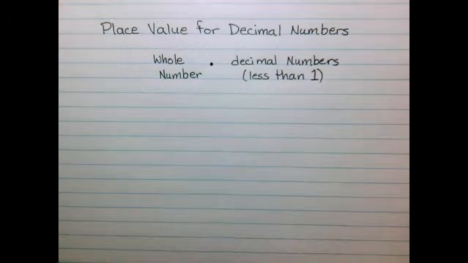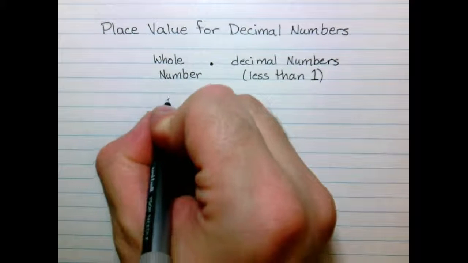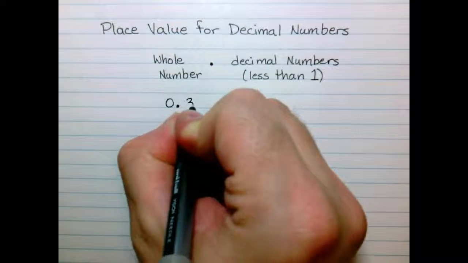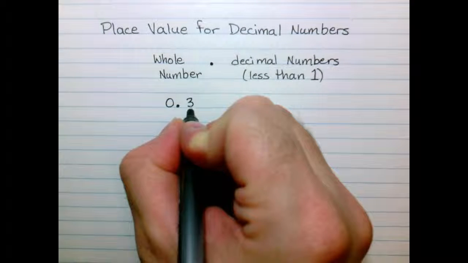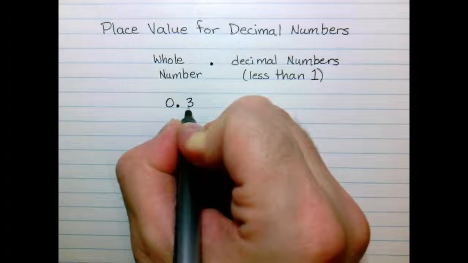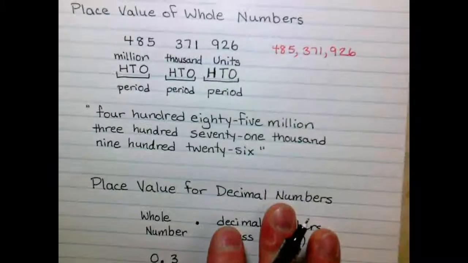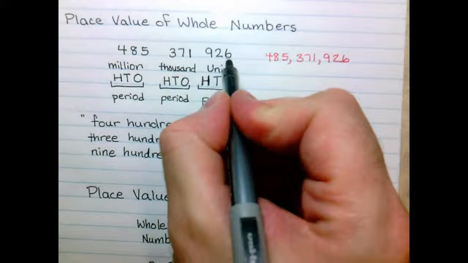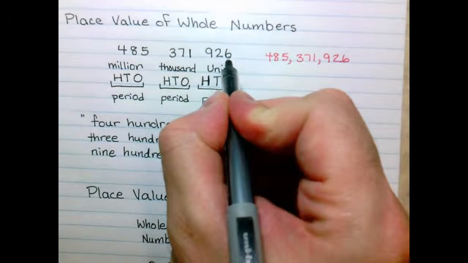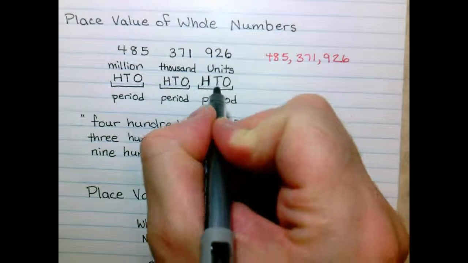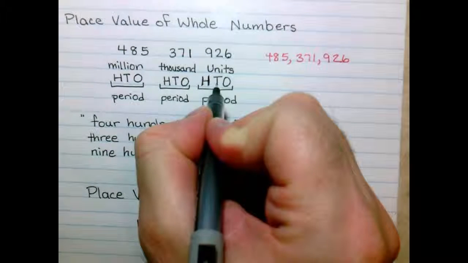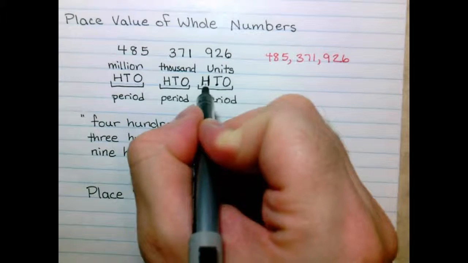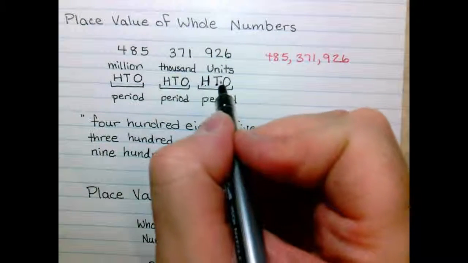So let's take, for example, the number 0.3. This one is the first place after the decimal. It's less than 1. If we go back to our whole numbers up here, every time we move one place, let's say we move from the 1s to the 10s, we get bigger by 10. It's 10 times as big. From 10s to the 100s, it gets 10 times as big as well.